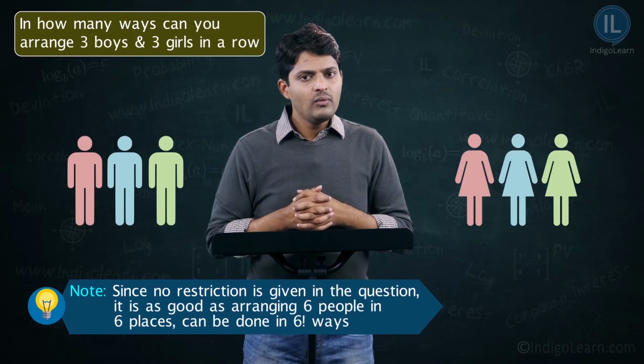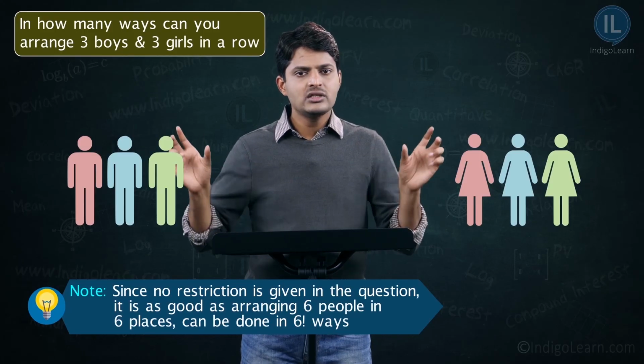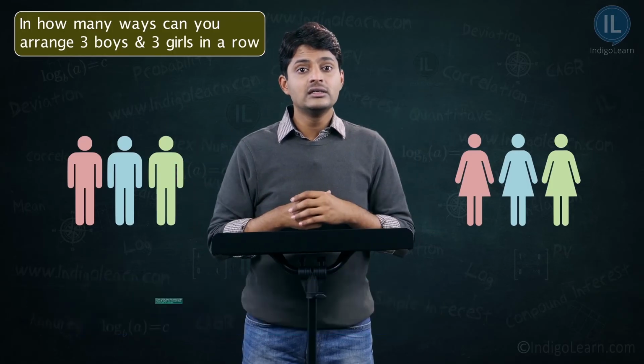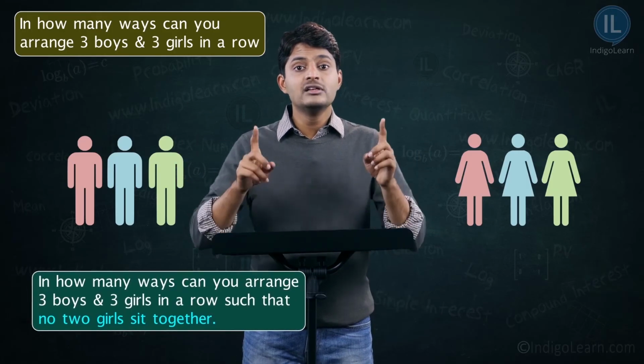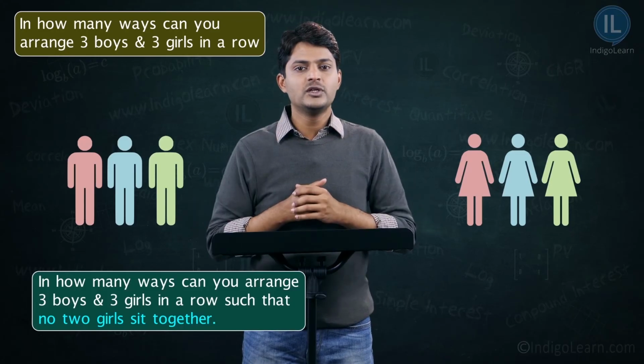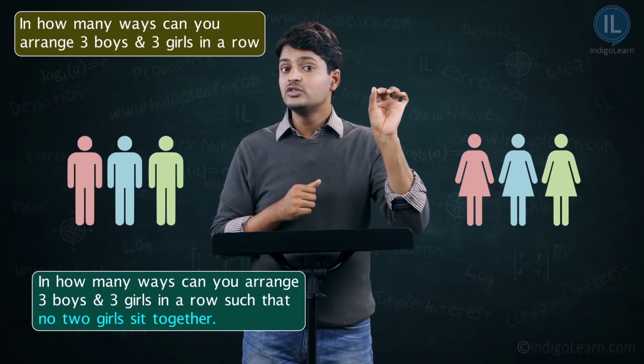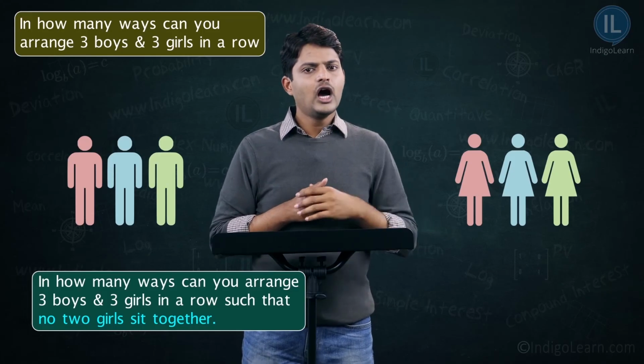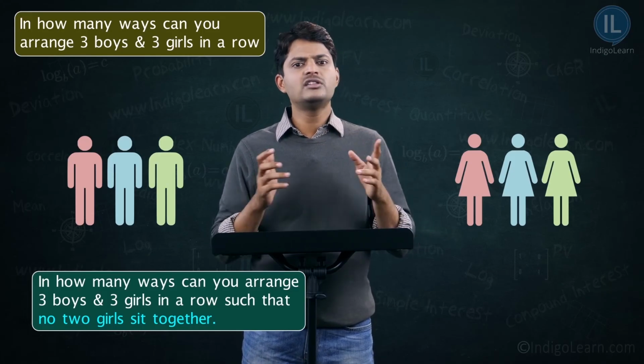Now I am asking you, arrange 3 boys and 3 girls in a row such that no 2 girls sit together. That means you don't want girls to sit together. Now start thinking, how is it possible that girls do not sit together?